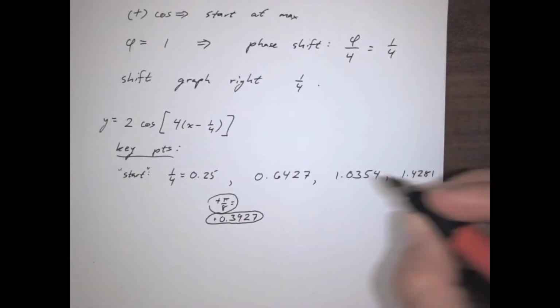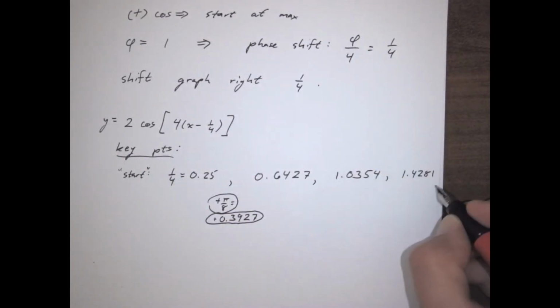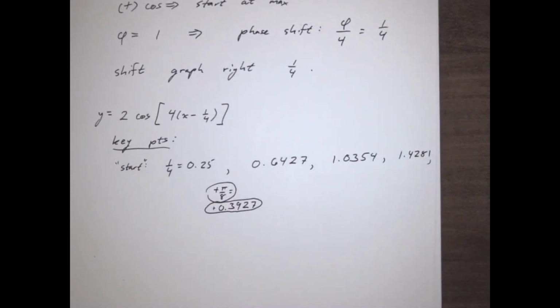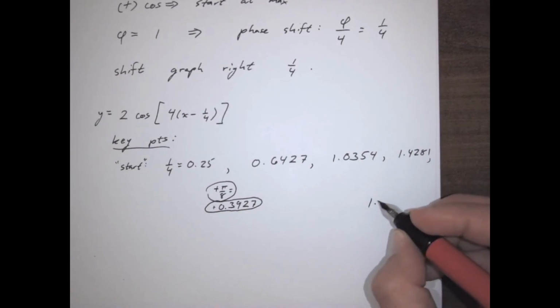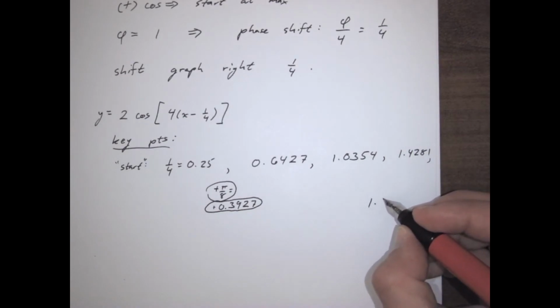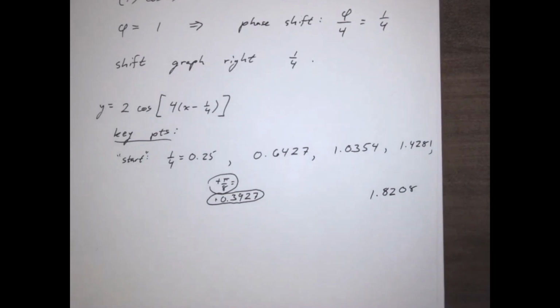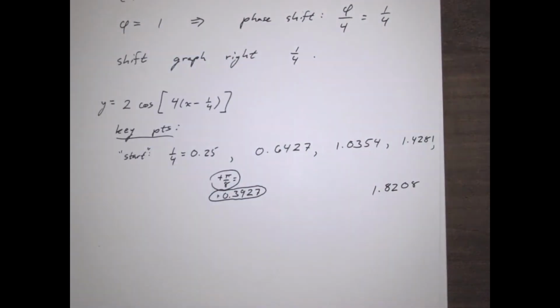So that's a start, and then we've gone 3/4 of the cycle in, so the last one will be that plus 0.3927 again, and that's going to be 1.8208. So again, I just used my calculator, I just added 0.3927 a bunch of times and got these numbers.